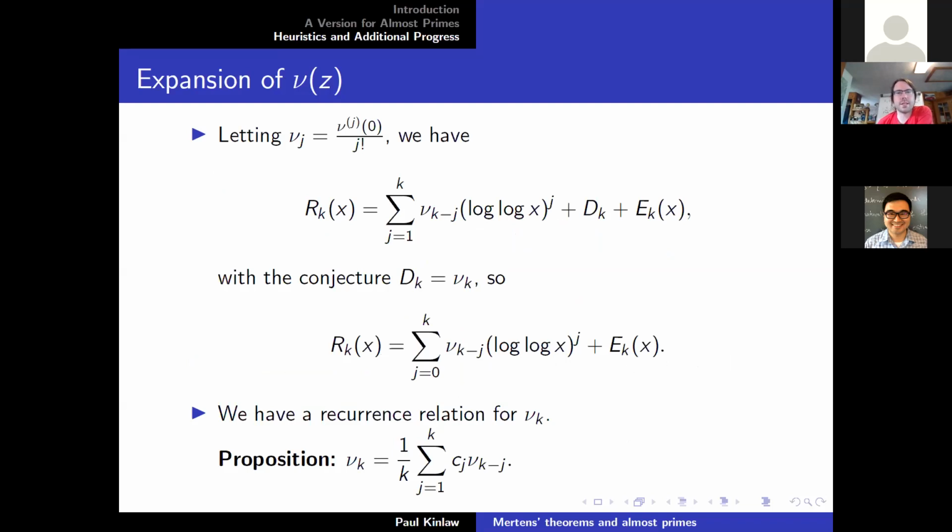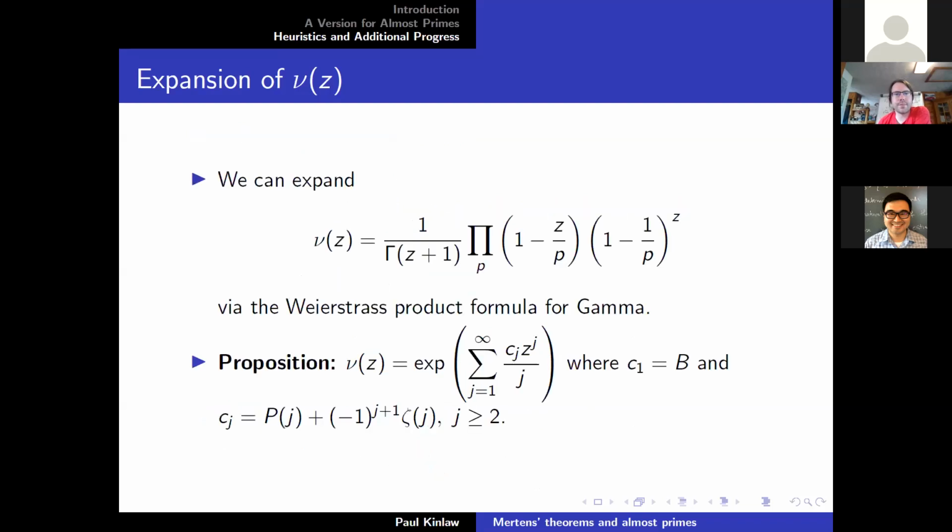And we also have a recurrence relation for nu_k. So that's given here. So it's 1 over k times the sum from j equals 1 to k of c_j times nu_{k minus j}. And just a reminder, c_j is this expression from the previous slide involving the prime zeta and the zeta function at j, except c_1, which is Mertens' constant.